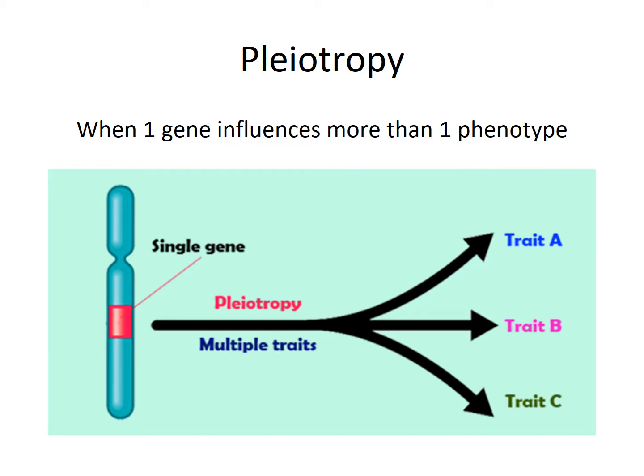An example of this in humans could be the polypeptides involved in keratin production, because keratin is a polypeptide expressed in fingernails, in hair, in the skin, and so the underlying gene for your keratin contributes to multiple of your traits.